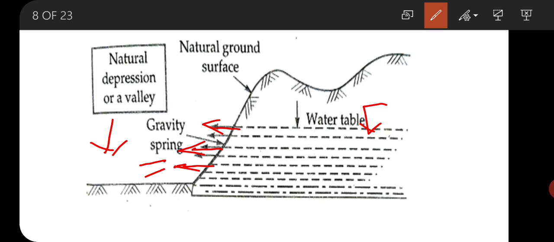The flow from such a spring will vary with the rise or fall of the water table. When the water table goes down, the flow will be hampered, and when it rises high, there will be flow of water into the depression or valley. So this depends upon the rise and fall of the water table.